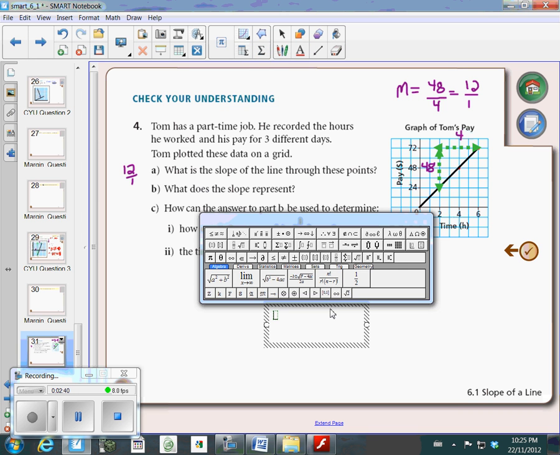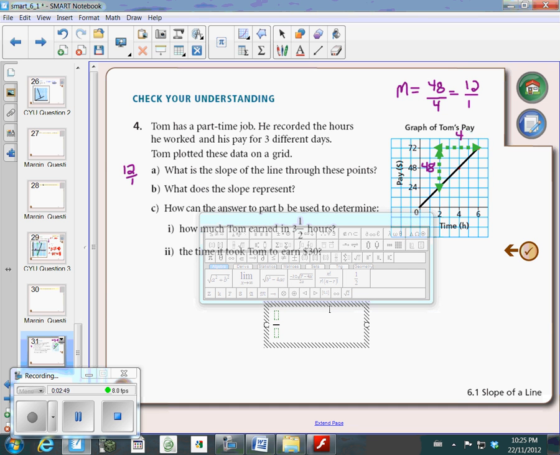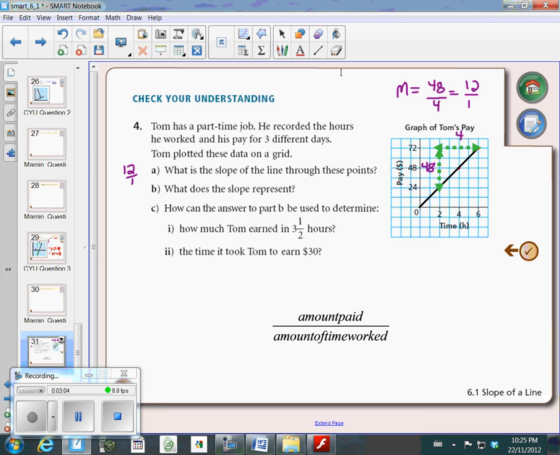Well, if you were thinking that the rise over the run represents the rate, well, it represents amount paid over amount of time worked. So let's think about that for a second.